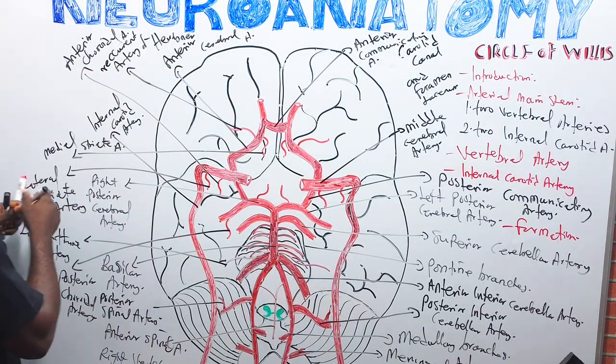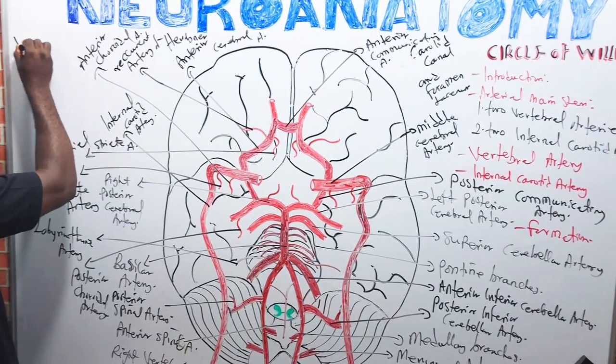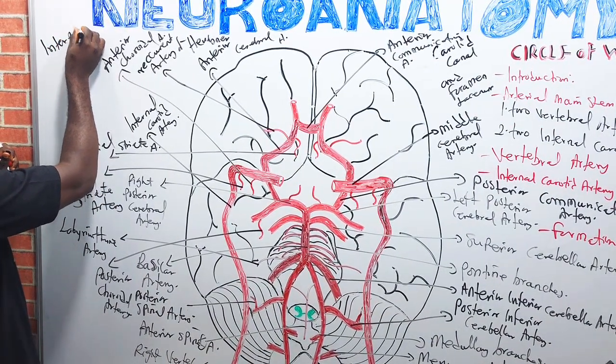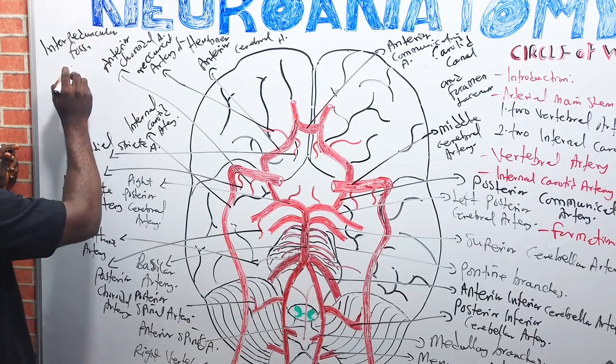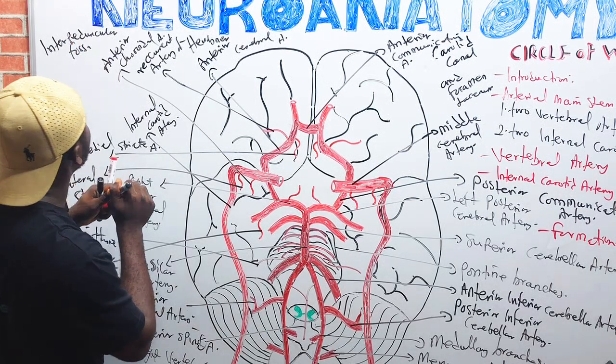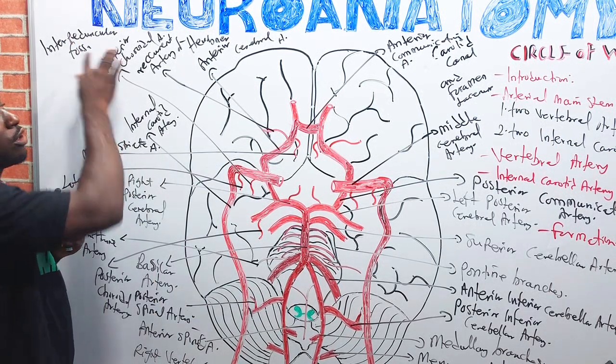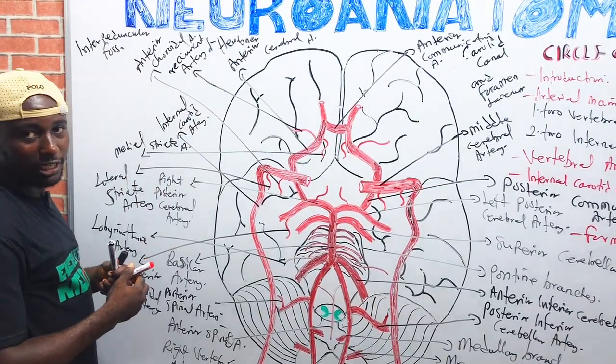Interpeduncular fossa. This is where the circulus arteriosus or Circle of Willis is located at the base of the brain, right?